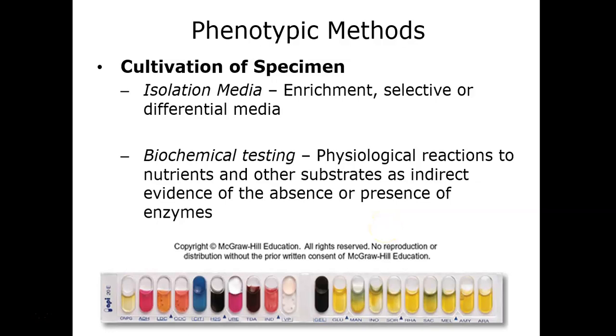And this would allow you to conduct about 20 different biochemical tests looking at the metabolic pathways that microbes use. So it gave you a great number of tests in terms of the physiological reactions that a lot of these microbes had.